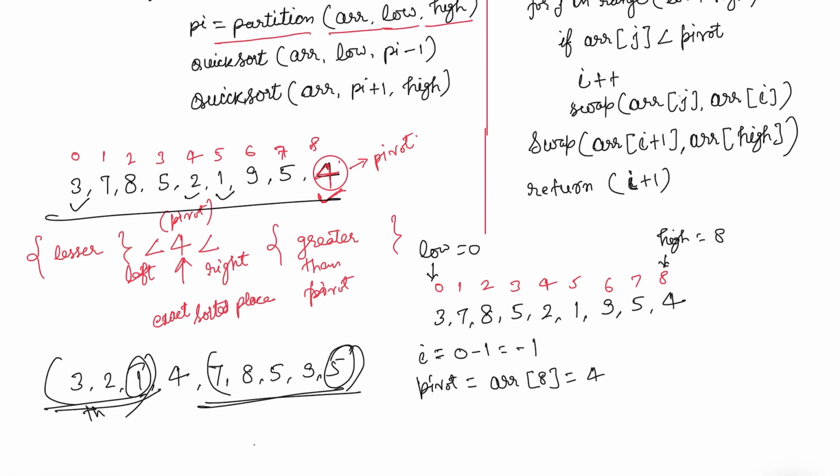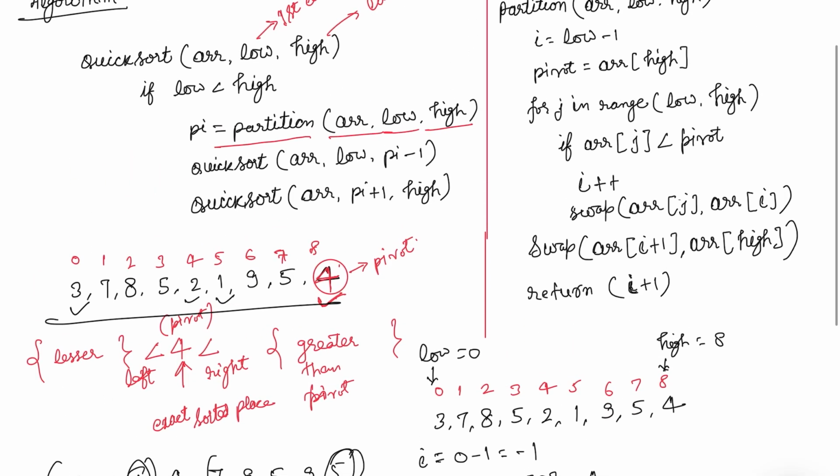So what is here, j have to start with the lowest index and go to the high index, that means 1 before the high index, because here see, this j is the last element index, but according to this for loop this will go just one less element than that last element index.